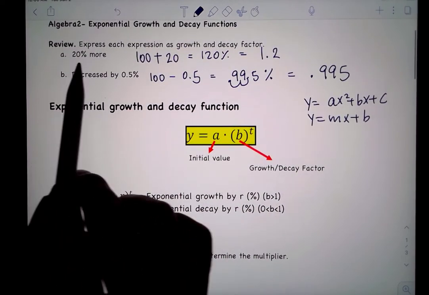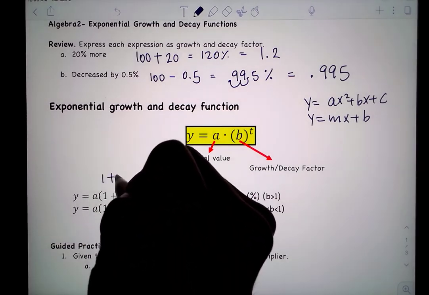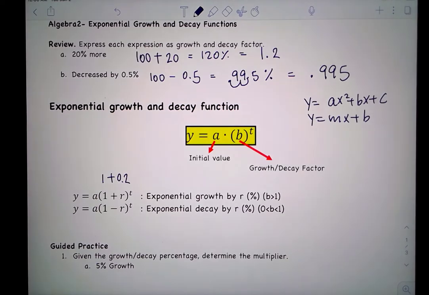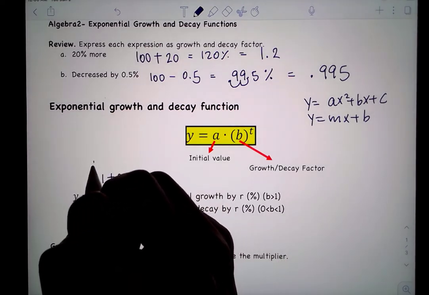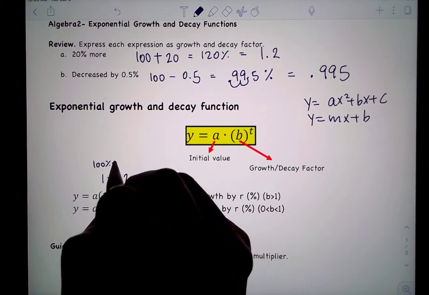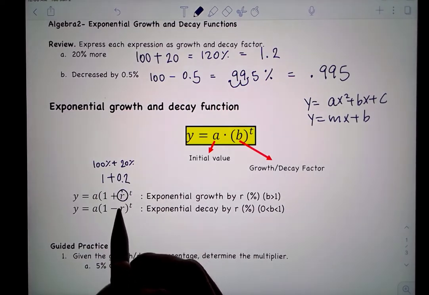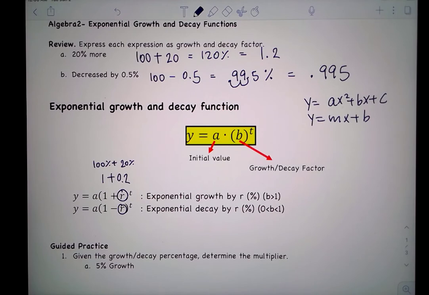So just like that, 1 plus r means 1 plus 0.2, right? 1 is the same as 100%. 0.2 is the same as 20%. So this r represents percent increase or decrease. So if that is growth, then that's plus r, right? Percent increase. And if that is decay, then that's decreasing.